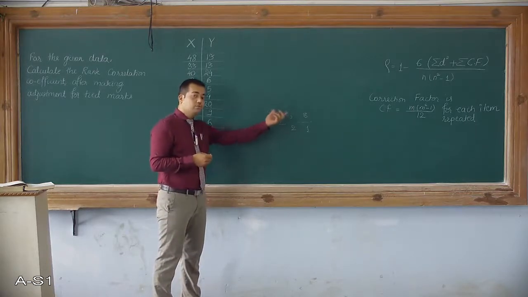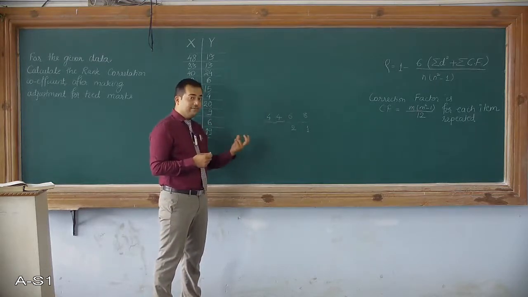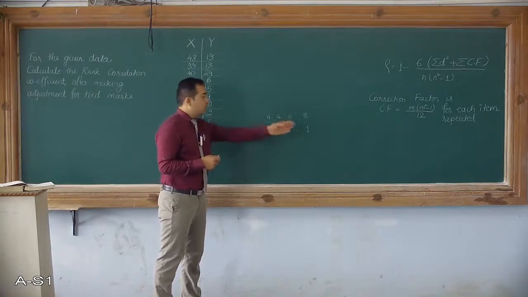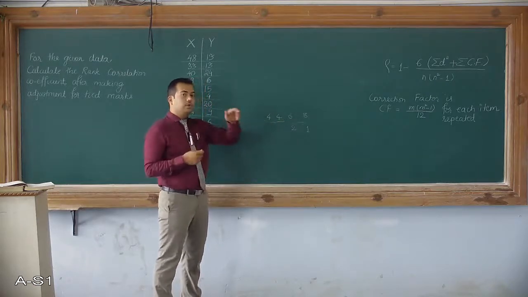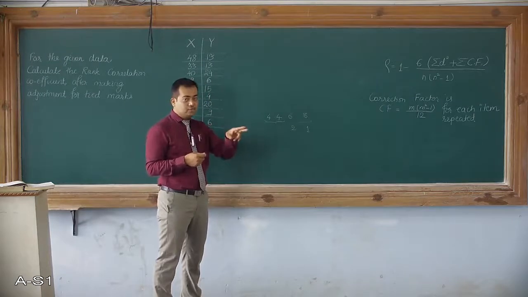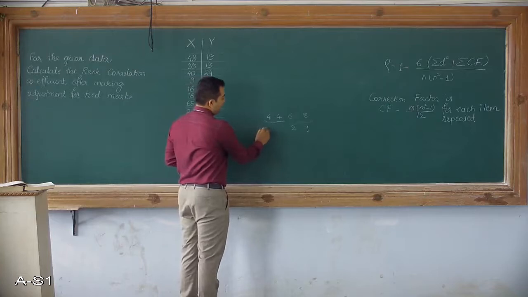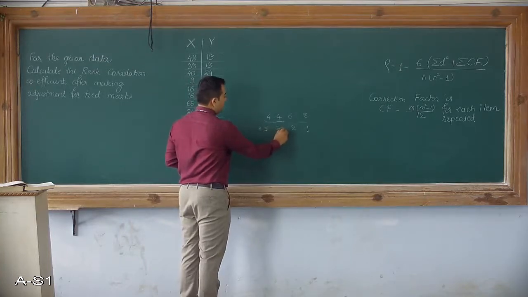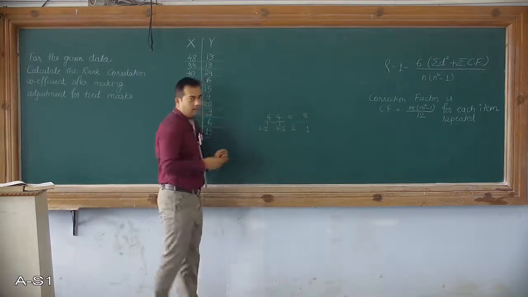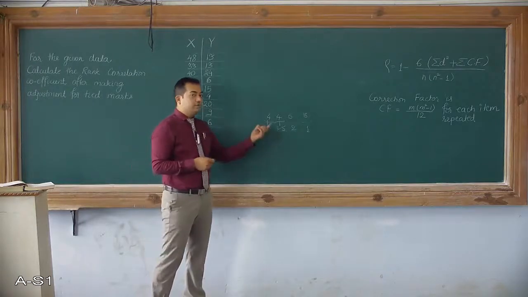So we have to take the average of the next two ranks. We have used ranks 1 and 2, then the next two ranks would be 3 and 4, and their average would be 3.5, that is 3 plus 4 divided by 2. So we have rank 3.5 for both of them. This is how we need to give the rank.